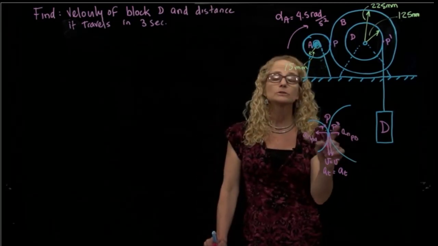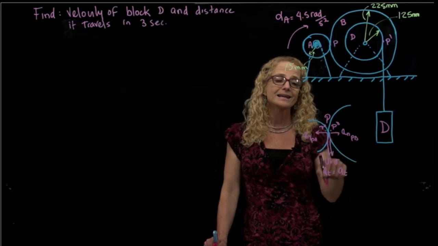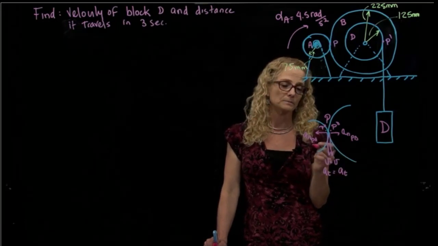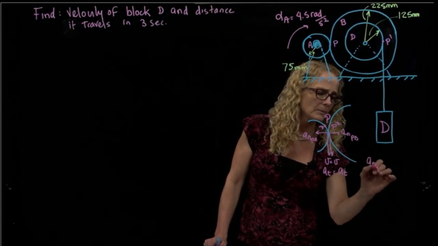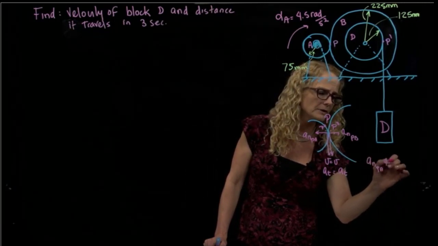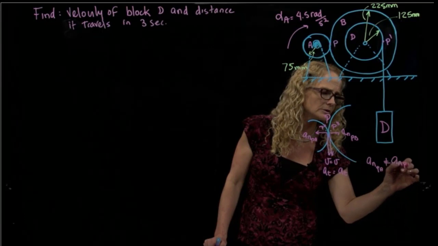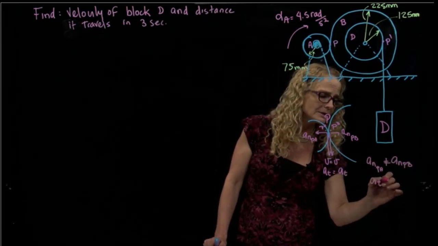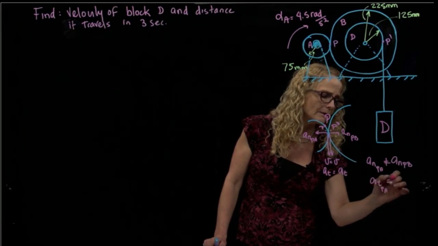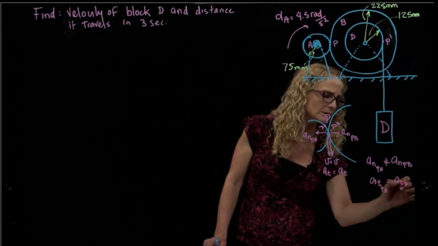The normal accelerations are not equal, but the tangential accelerations are equal. So the normal acceleration of point A is different from the normal acceleration of point B, but the tangent acceleration of point A is equal to the tangent acceleration of point B.